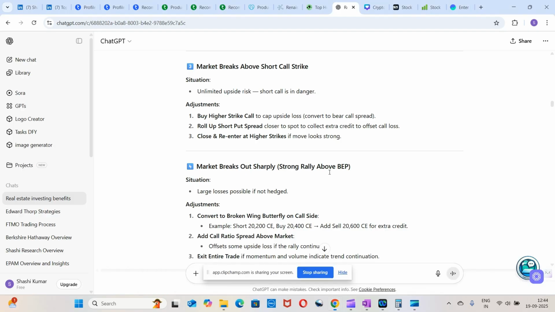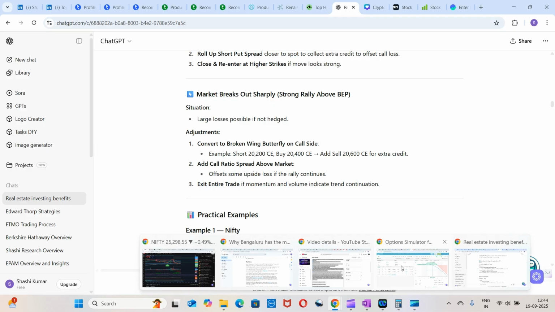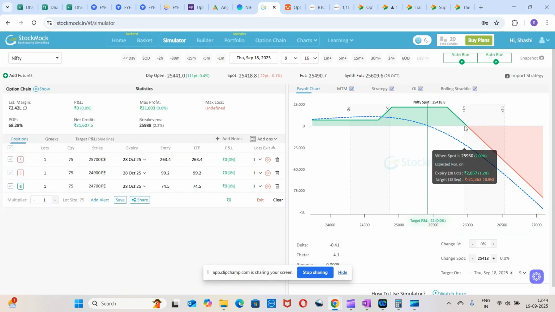The last scenario is the market breaks out sharply above your break-even point. Here there is a problem. If the market has moved up beyond the break-even point, then you are in losses, so you need to cut your position immediately. You could take the opposite view, since your view was bearish here. You could buy a call, or deploy a bull call spread or bull put spread, or call calendar, call ratio spreads, or put ratio spreads.